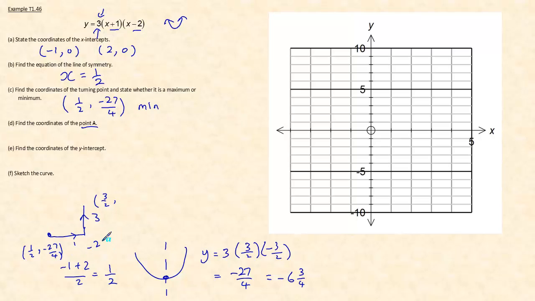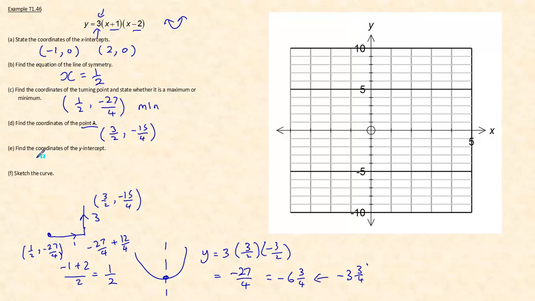And then we'll have -27 over 4 add 3. 3 is the same as 12 over 4. So that's going to be -15 over 4. From the point of plotting it later, think of that as -3 and 3/4. So I'm going to write this one down as (3 over 2, -15 over 4).